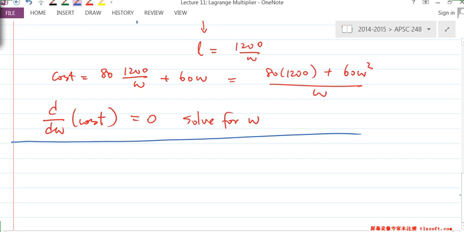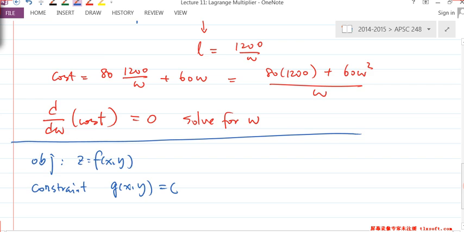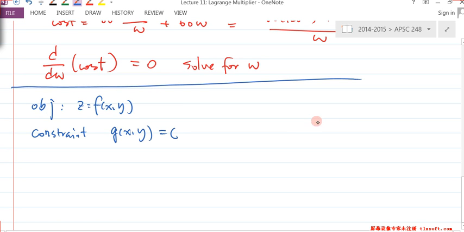I'm still going to use this function of two variables to illustrate the Lagrange multiplier idea. Now I'm just going to rewrite my two functions here. Let me draw something like what I did above.